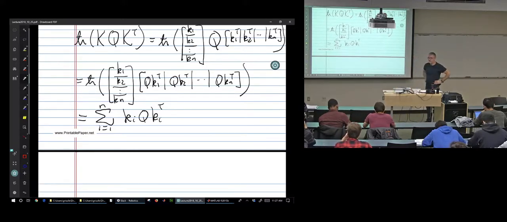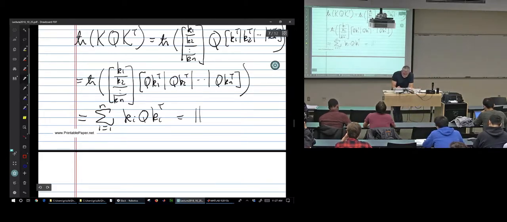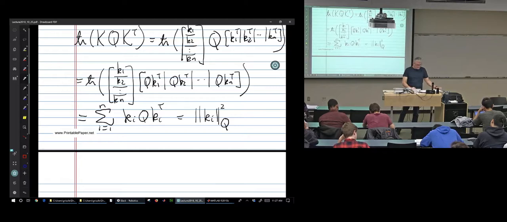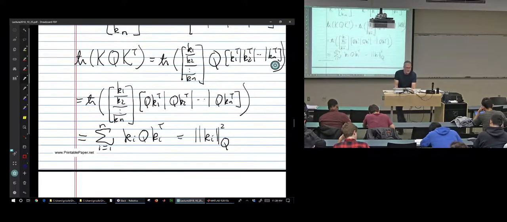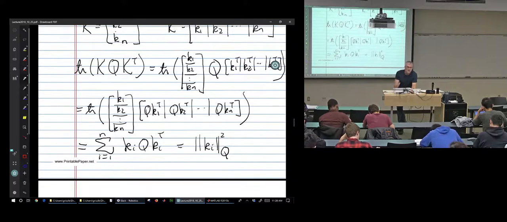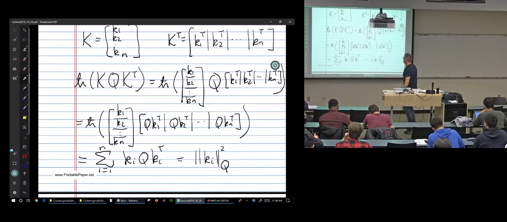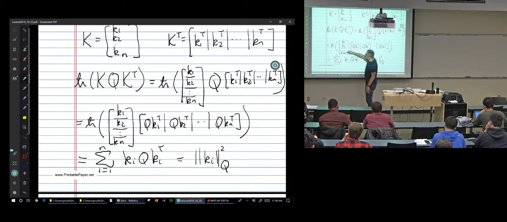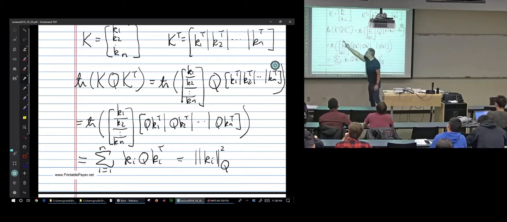Isn't that amazing? Okay, so what is that equal to? Well, that's the norm of the ith row squared when my weight matrix is Q. So it's just a sum of a whole bunch of terms. Questions on that? It works? You can do your partitioned matrices on the exam and you're very confident of getting them all right, correct? We're going to try. Okay, so just remember, trace is rows times columns, and you only care about the things on the diagonal.